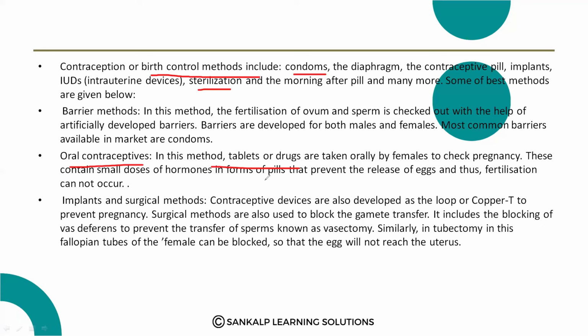What could be the reasons for adopting contraceptive methods? Why do people want to adopt contraceptive methods? Because couples are not interested in having children early. Second, pregnancy will put a major strain on the body of the woman, and if she is not ready for it, her health will be adversely affected.